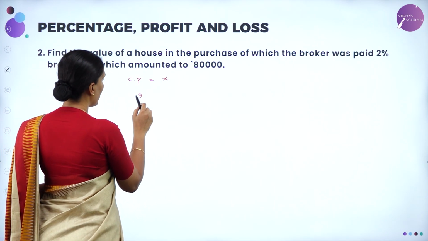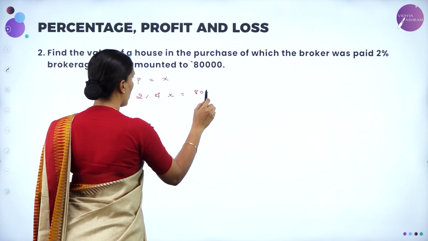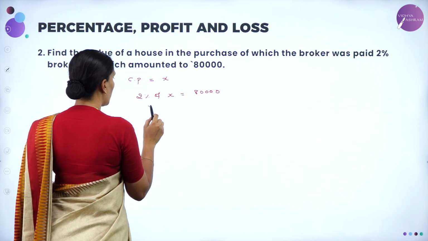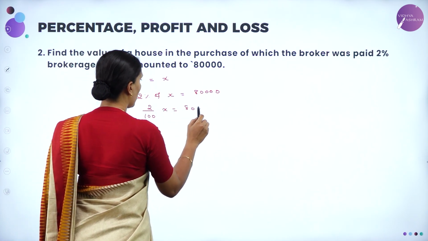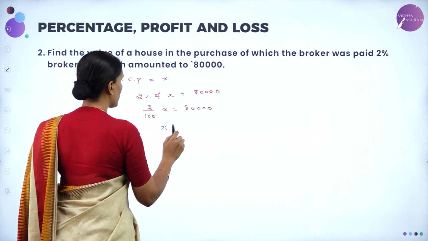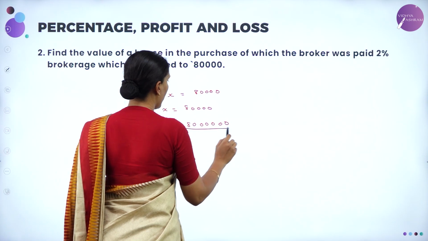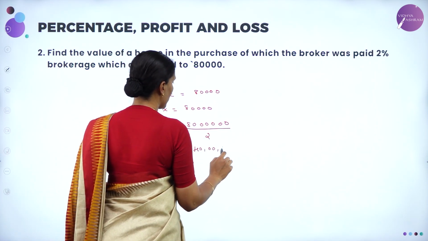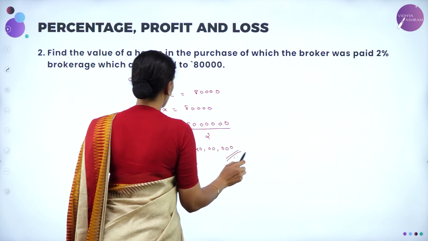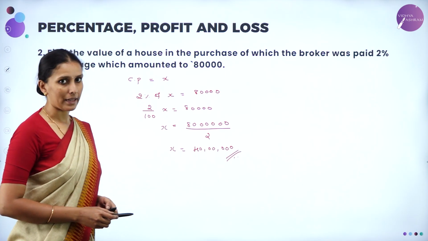That is, 2% of X is equal to 80,000. So 2 by 100 X is equal to 80,000. So X will be equal to 80 lakh divided by 2. X is equal to 40 lakh. Therefore, the value of the house is 40 lakh.